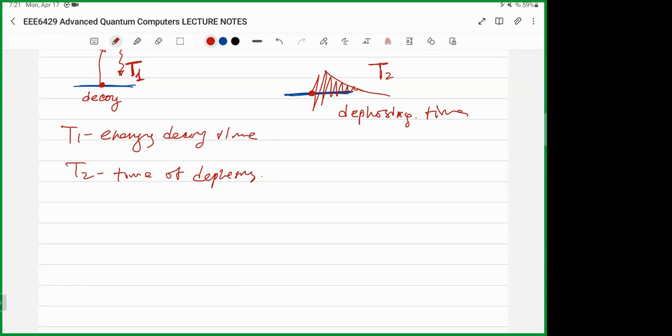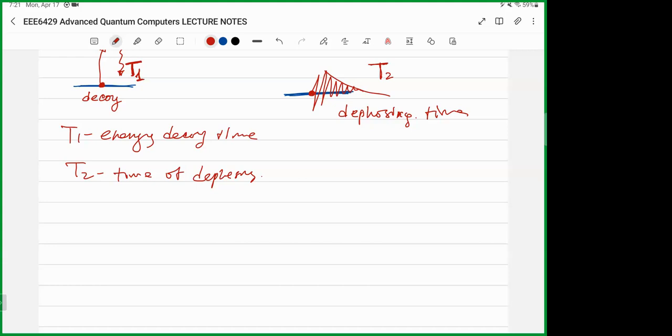And if we're talking about these Josephson junctions, for example, a good qubit is said to have this decoherence time around 100 millisecond. So a qubit with a dephasing time of 100 millisecond is already a good qubit.